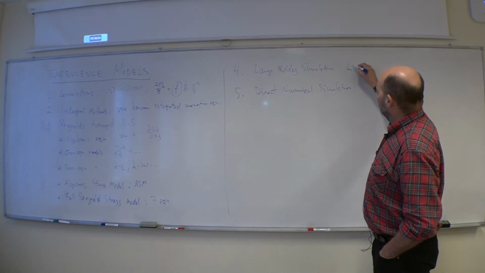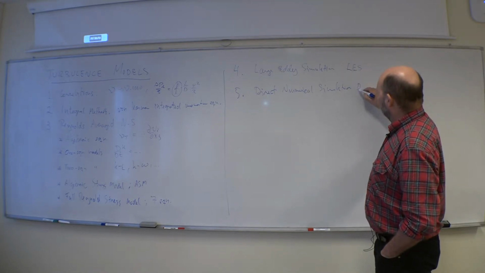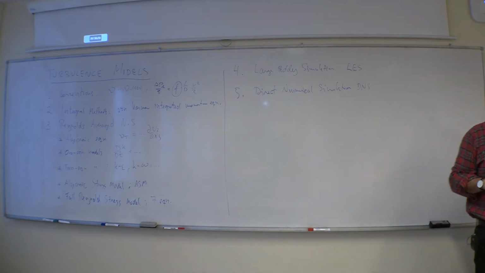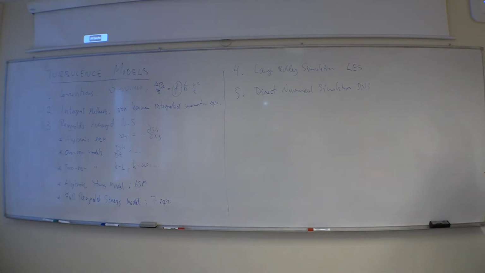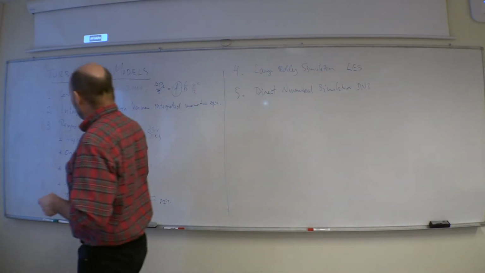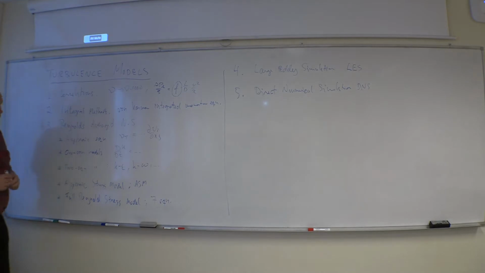So here, LES, DNS. With this family, it becomes more and more advanced, more and more complex, more and more heavy to do a simulation, but it should be more and more accurate.